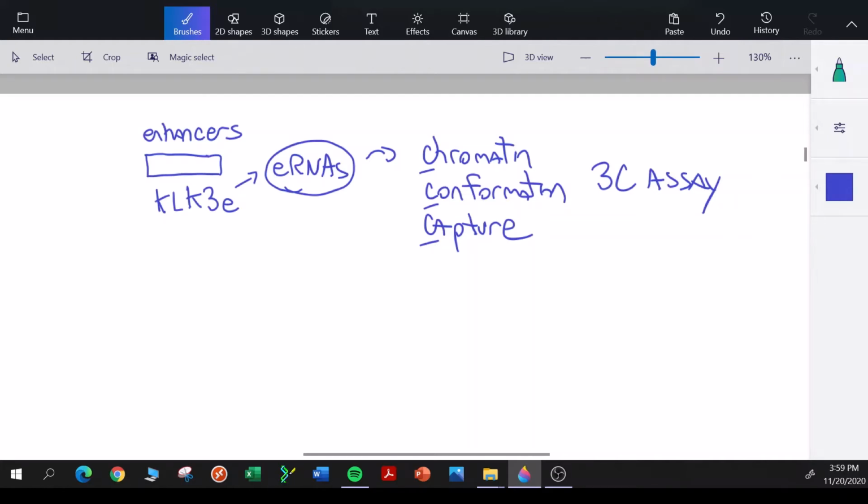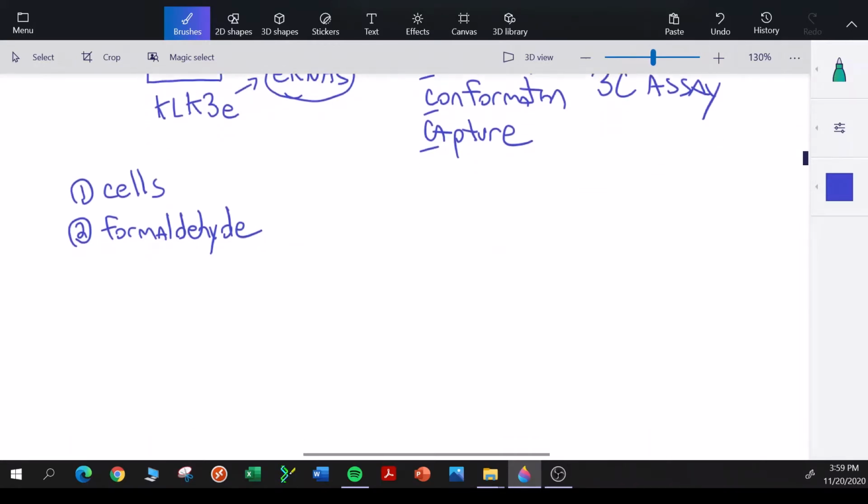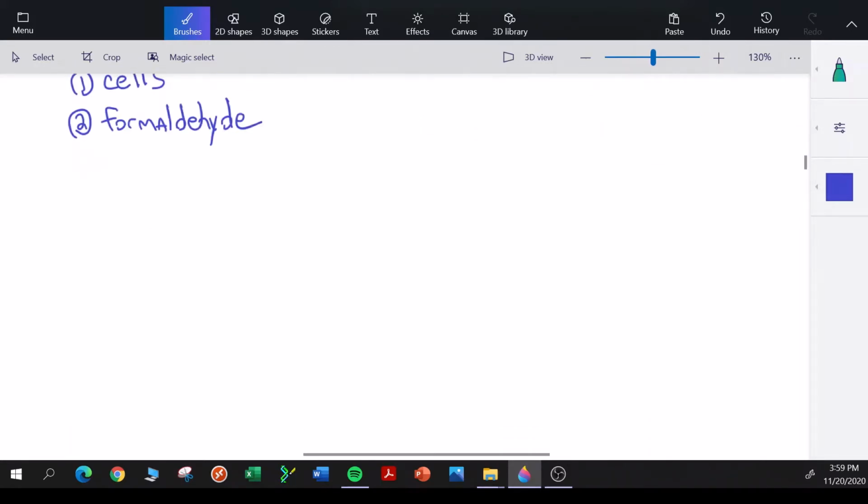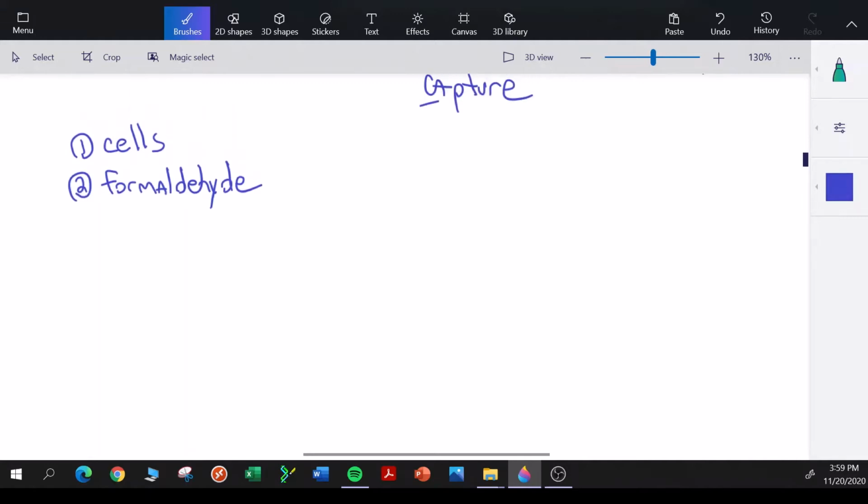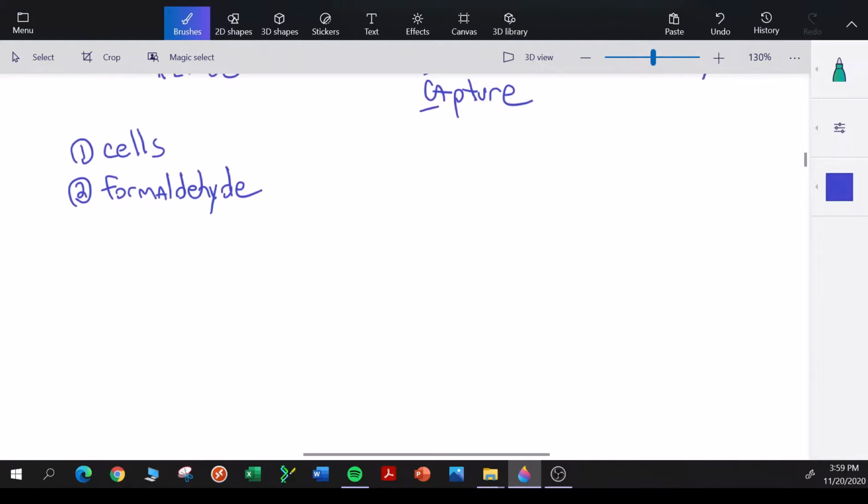So what are the key steps? Essentially we need to start with some cells. Then we need to treat the cells with a chemical called formaldehyde. What formaldehyde will do is form cross-links between the various chromatin inside the nucleus.